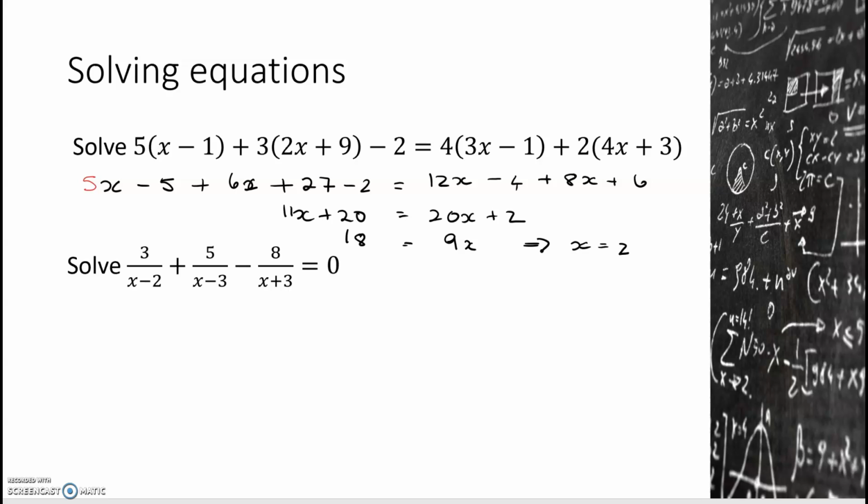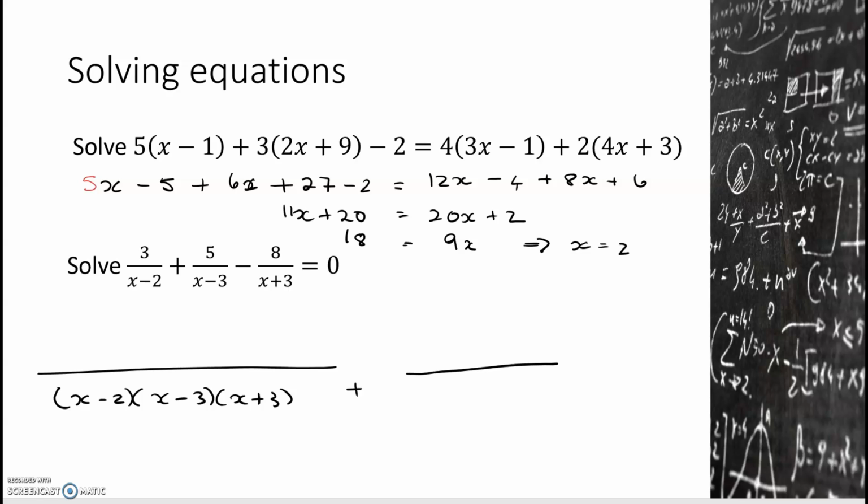Now the next one is fractions, and they all need to be common denominator before we can solve them. So let's make our common denominator x minus 2, x minus 3, x plus 3. Not going to have much space. Right, I'll write the third fraction way over here.